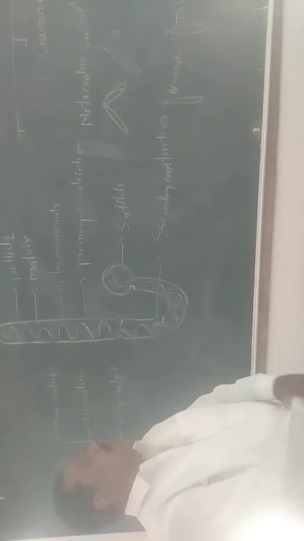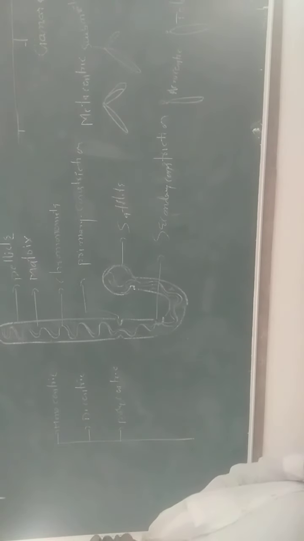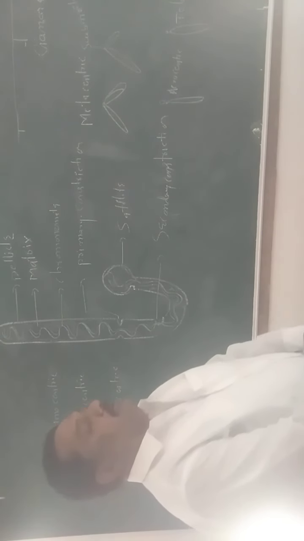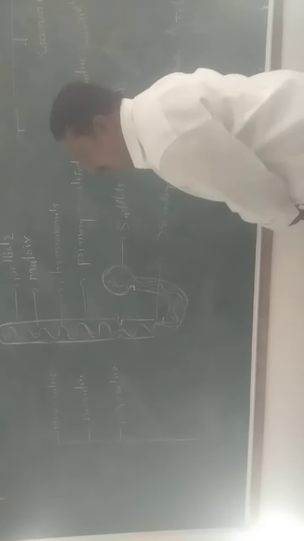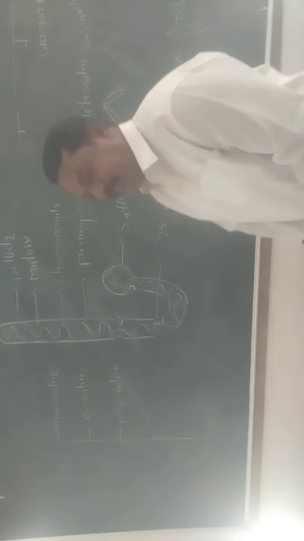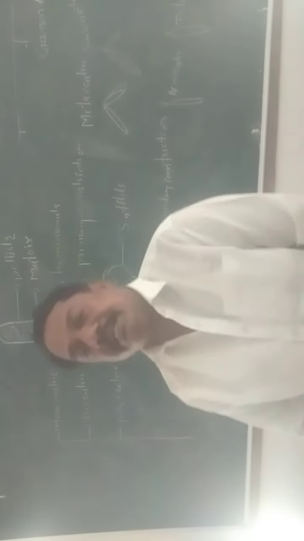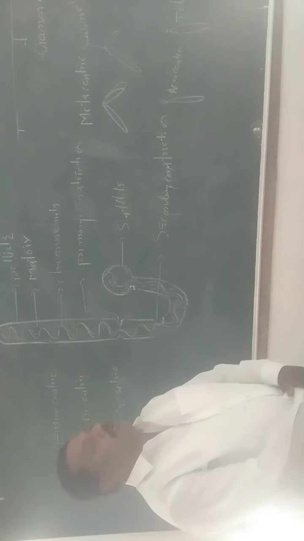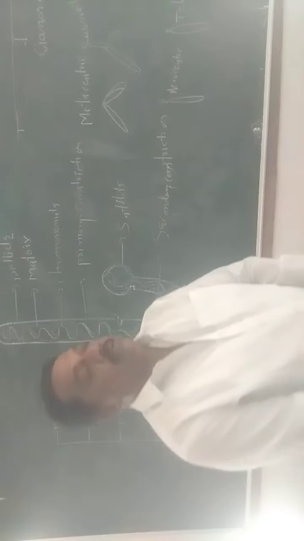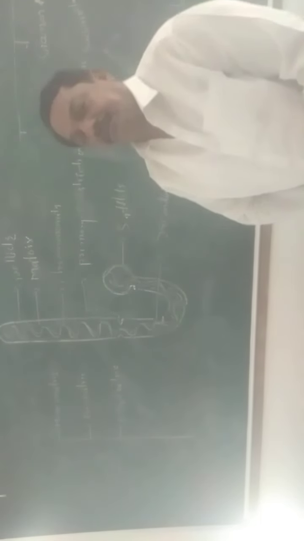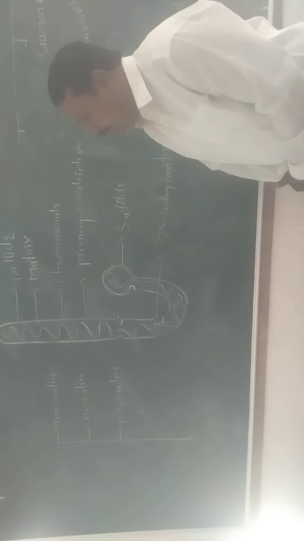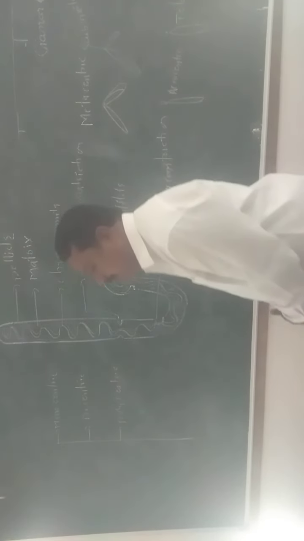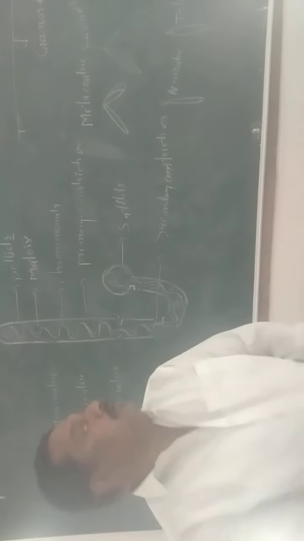Of these identical threads, one comes from the father and the other from the mother. The darkly stained area of the chromonemata is called heterochromatin. The lightly stained part of the chromonemata is called euchromatin. Dark stained heterochromatin, light stained euchromatin. Whatever it may be, chromonemata are very important. They are present inside the matrix.